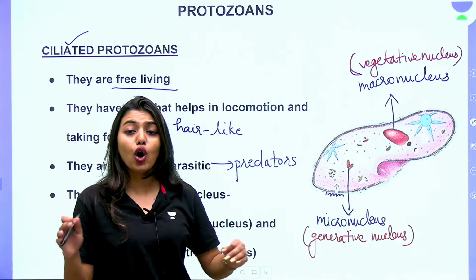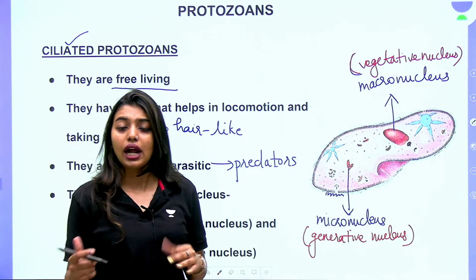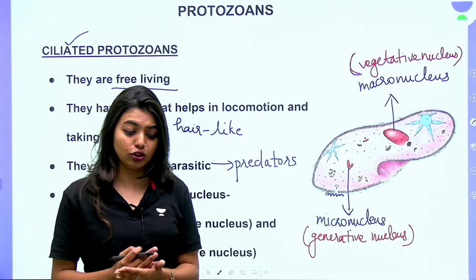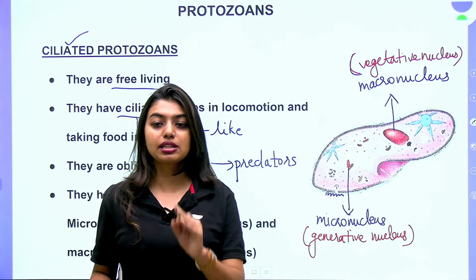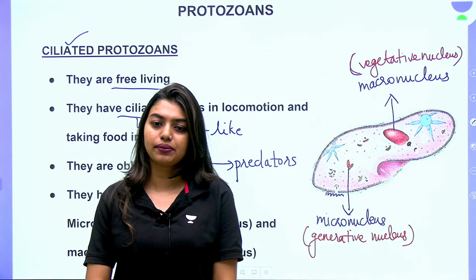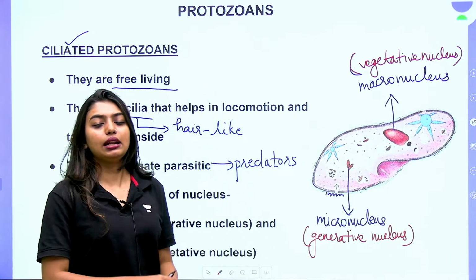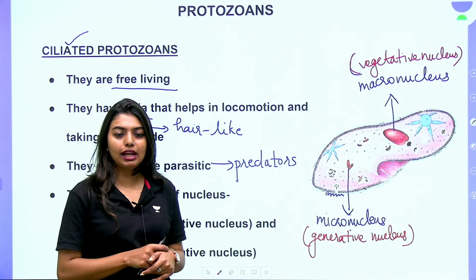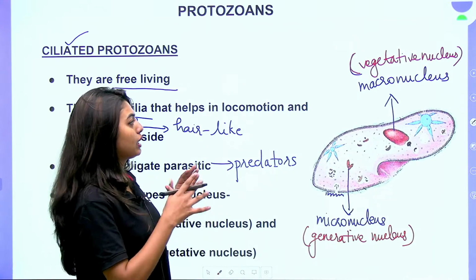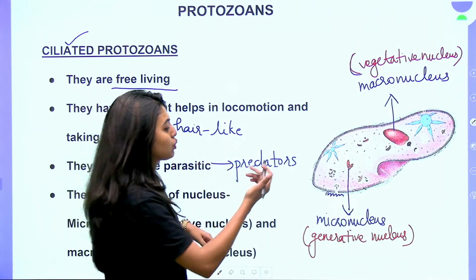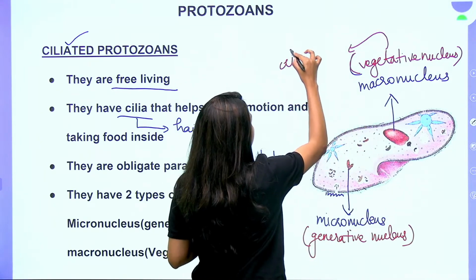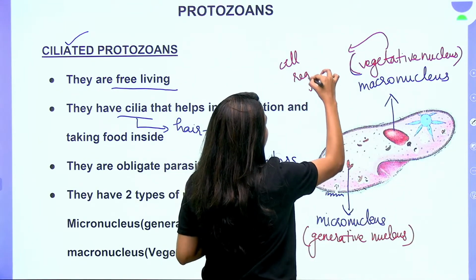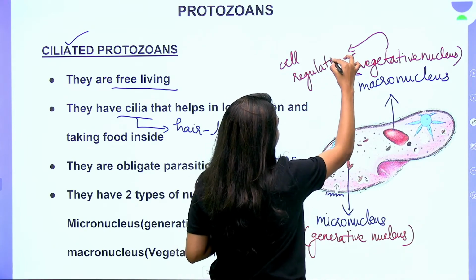Got it? Did all of you make a note? I don't think any of you made a note. If you made a note, put a thumbs up in the chat box. Tell me if you made a note so far: micronucleus, macronucleus, vegetative nucleus, it will basically do cell regulation, okay.